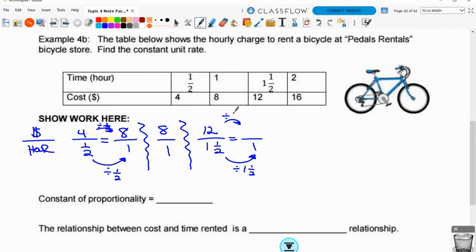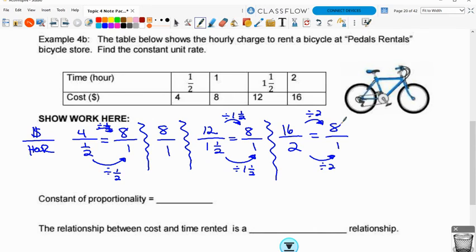So if you punch that into your calculator, 12 divided by 1.5, that will give you 8 over 1. And finally, with the last set, it was $16 for 2 hours of bike rental. If we divide each of these numbers by 2, 16 divided by 2, we get a unit rate of 8 over 1.